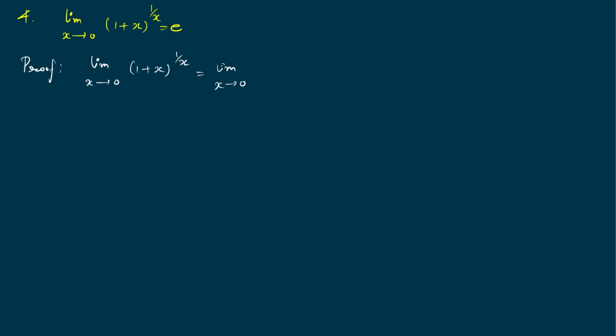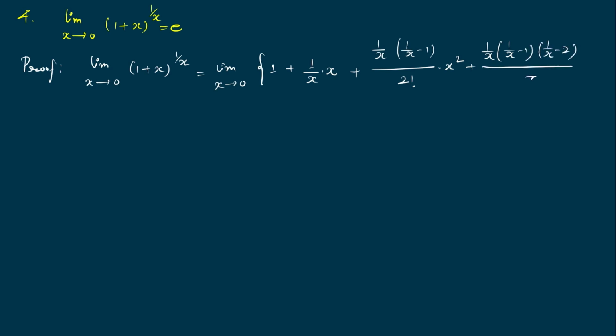If I expand that expression, it will be 1 plus (1 by x) into x plus (1 by x)(1 by x minus 1) divided by 2 factorial into x squared plus (1 by x)(1 by x minus 1)(1 by x minus 2) whole divided by 3 factorial into x cubed, up to infinity.